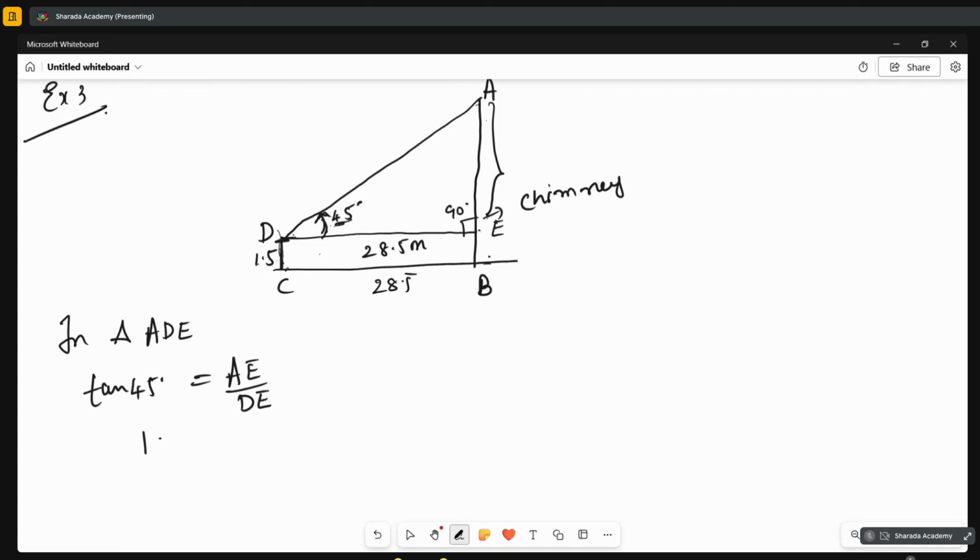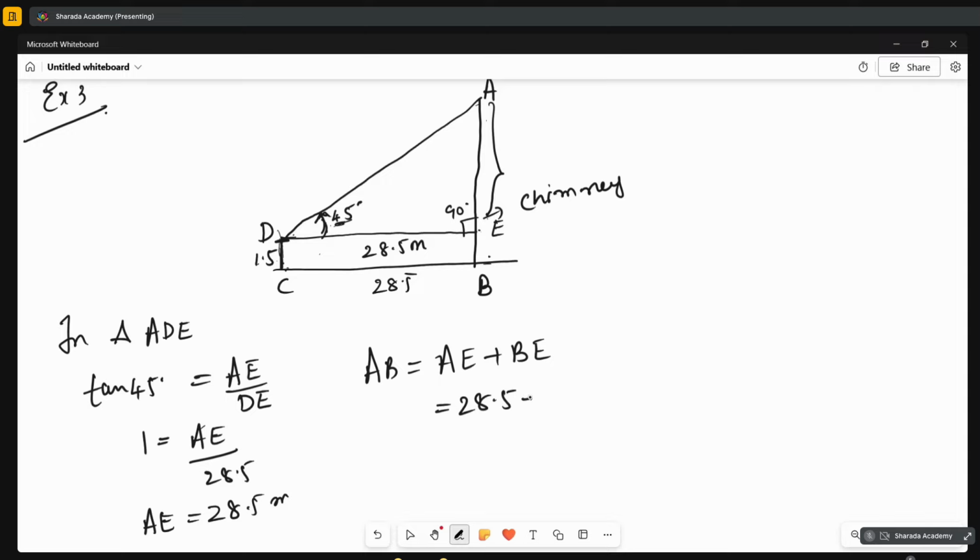Tan 45 is 1. AE we don't know. DE is 28.5. So AE is equal to 28.5 meters. What about AB? AB is the height of the chimney. That is AE plus DE, which is 28.5 plus BE, same thing, that is 1.5. So we will get 30 meters.